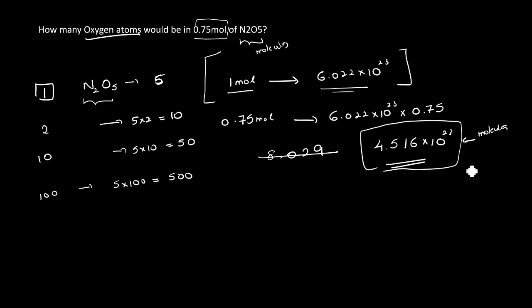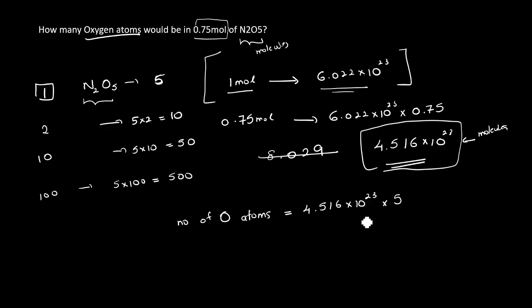If you get this amount of molecules, then what? Then the number of oxygen atoms equals this amount, times 10 to the power 23, times 5, right?